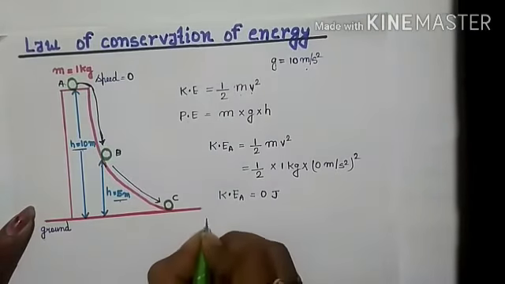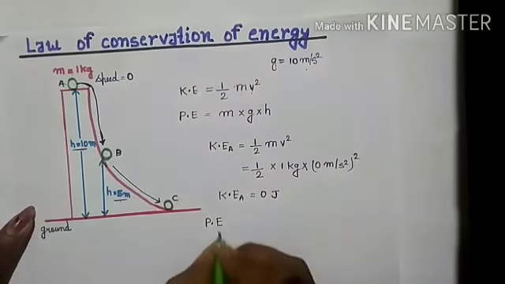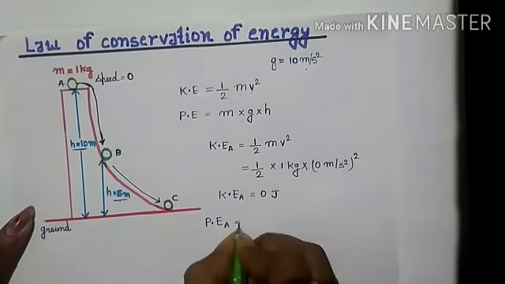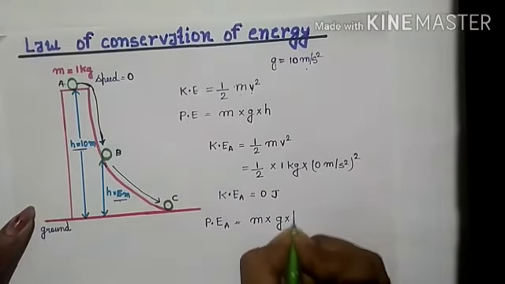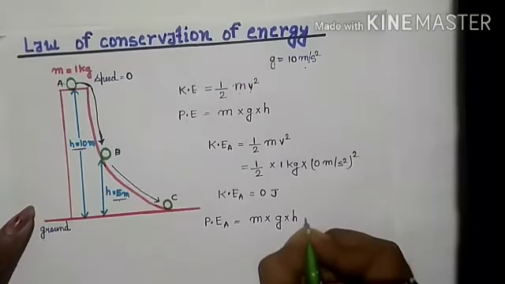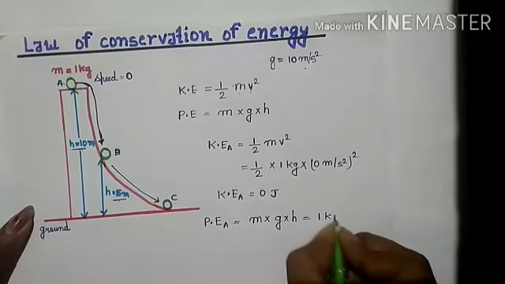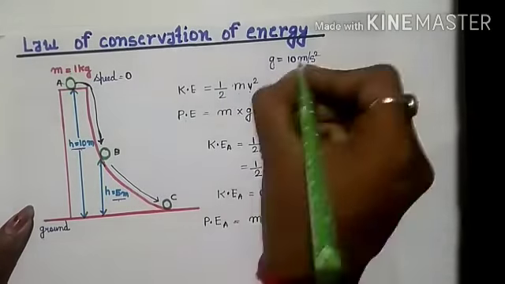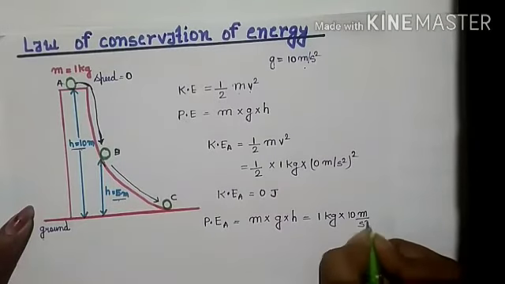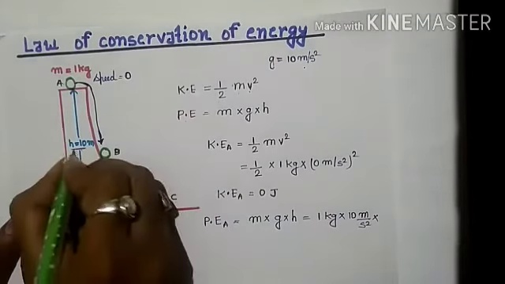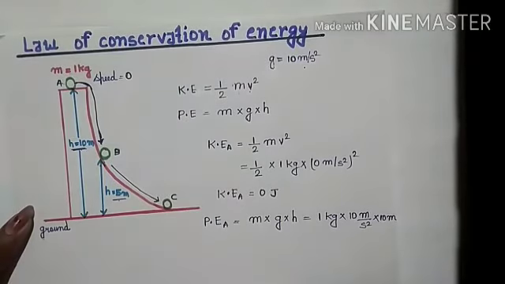Now we will take out the potential energy at point A, that is equal to m g h, where m is equal to 1 kg, g is equal to 10 meter per second square and h is equal to 10 meter, that is the height from the ground.